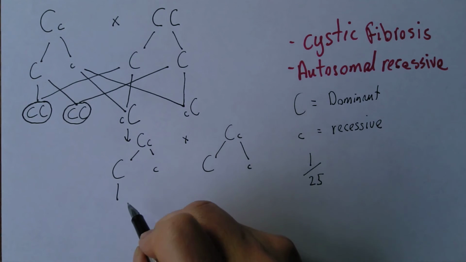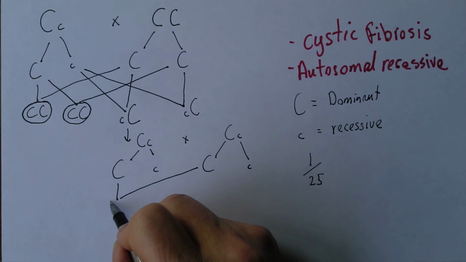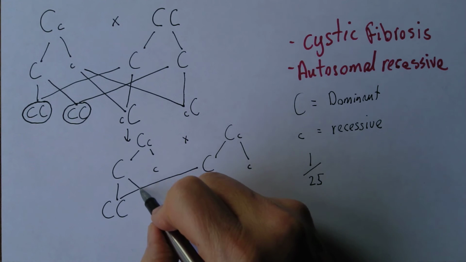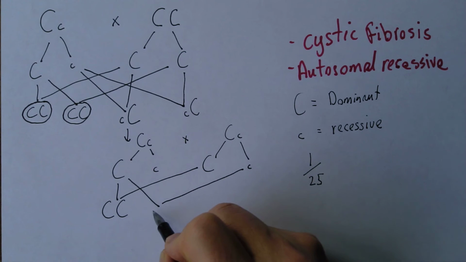That could combine with that one. Actually, that's okay, isn't it? Big C, 2 copies of the normal dominant gene, so everything's fine. Genotypically homozygous for the normal gene, phenotypically normal. No possibility of carrying on to the next generation. But that one will give us a carrier.